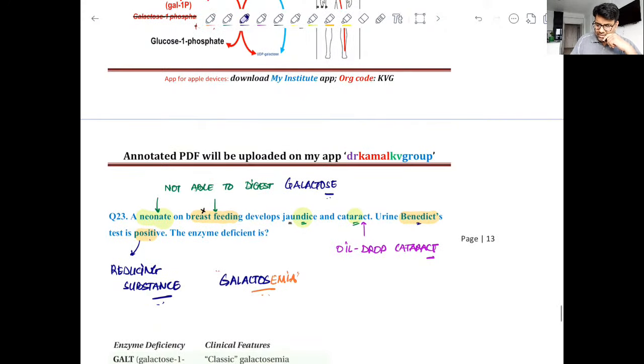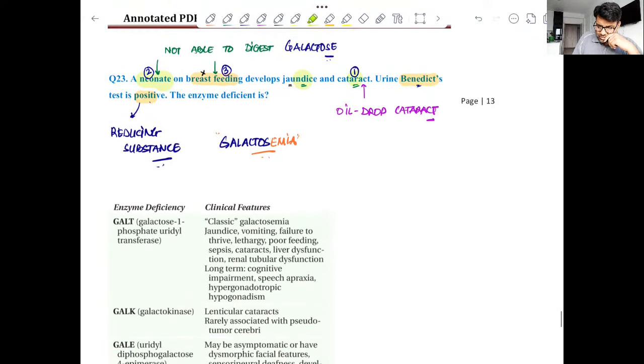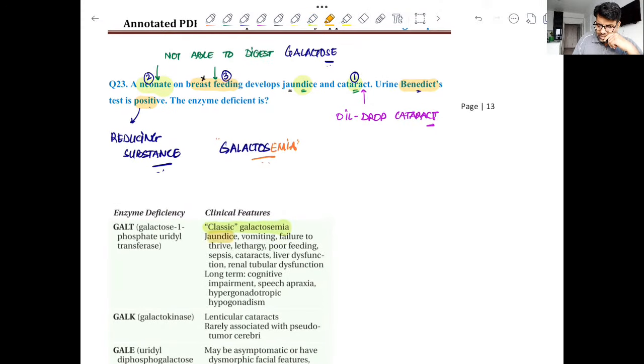So this is a classical way. The moment you find this cataract, neonate, difficulty with breastfeeding, always think of galactosemia. And here this is actually classic galactosemia. So here you will see jaundice, vomiting, lethargy, poor feeding, and importantly cataract.